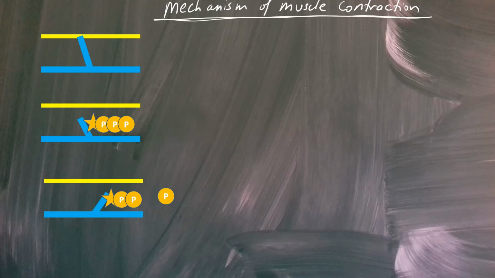And so first of all, let's make sense here of what we're seeing here. So the yellow one, that is the actin, or the thin filament. And those blue things here, that's of course the myosin, the thick filaments, and those things here that you see here, these are the so-called heads of the myosin, the myosin heads.